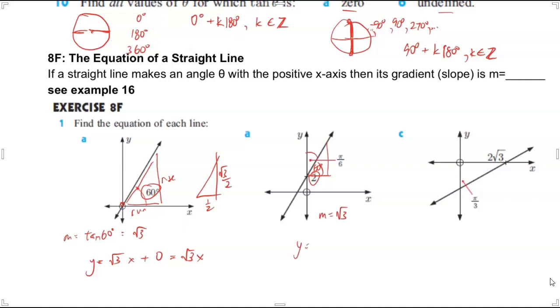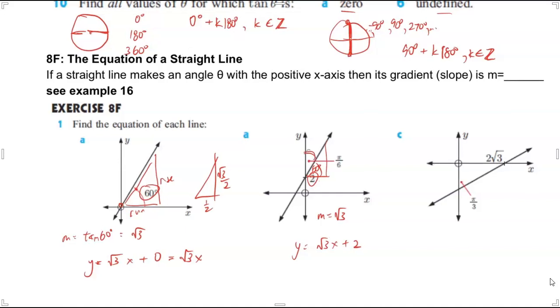And now our y-intercept is 2. Okay, so it's a little bit tricky because they gave us this angle, which is not the reference angle that they gave us before, which is down here. But we find the reference angle by doing 90 degrees minus 30 degrees, and then we get 60 degrees again.